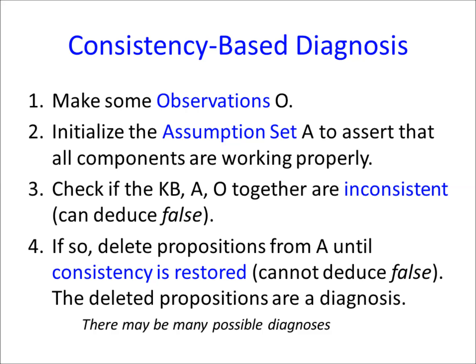Because something went wrong. So if everything is working properly and something went wrong, you should be able to deduce false as a first step. Then what you do, you remove some assumption from the assumption set. And then you should not be able to deduce false, in which case the deleted proposition is a possible diagnosis. And there can be many possible diagnoses.